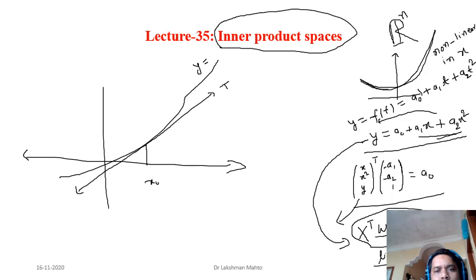y equal to f(x) is the given function, and the tangent line happens to be a line. You can call it the tangent line t1. I have taken it that it would be a line. Line means it is a linear function. What is the degree of a linear function? It is one. It is a linear polynomial.